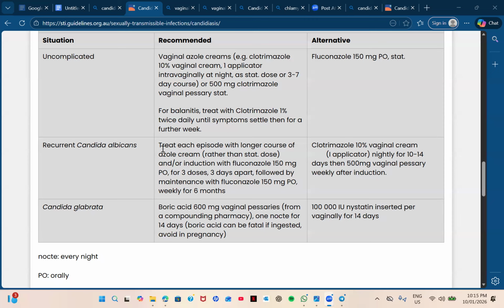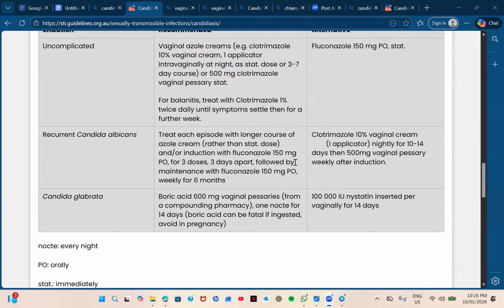So it can be either a longer course of azole cream with fluconazole, or just a longer course of azole cream. Okay. Then the alternative treatment is clotrimazole 10% vaginal cream at night for 10 to 14 days, then a 500 milligram vaginal pessary weekly after induction.